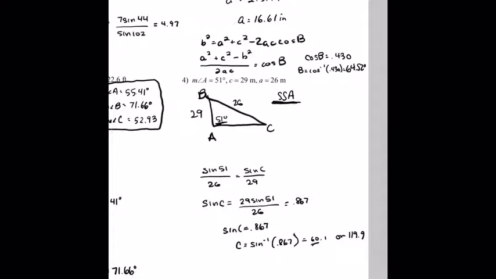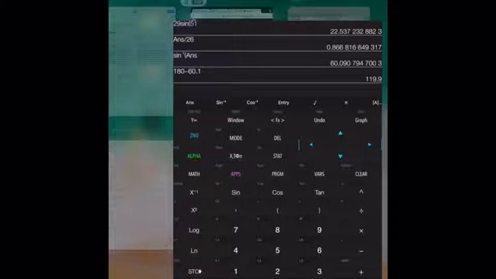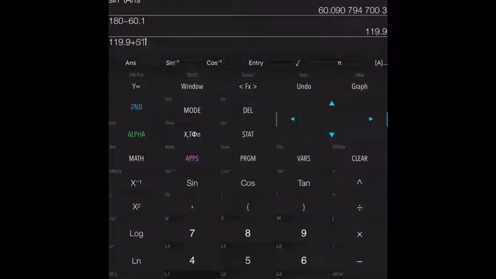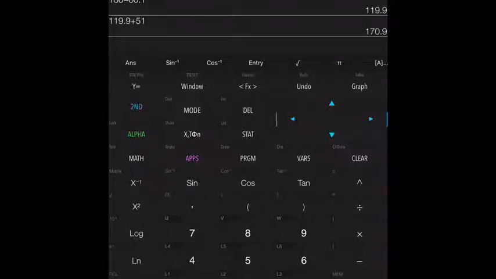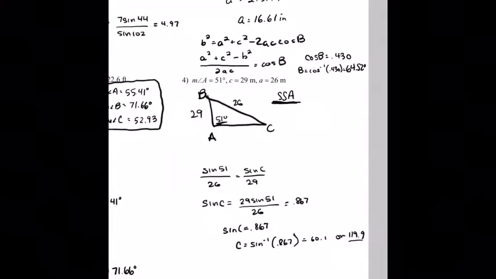The only given angle is 51, so obviously if we add 60, we're good. 51 plus 60 is not bigger than 180. If we do 119.9 plus 51, that gives us 170. So it's not bigger than 180, so that still gives us a little bit of room for the third angle. So both angles actually work. So angle C could be 60.1, or it could be 119.9.